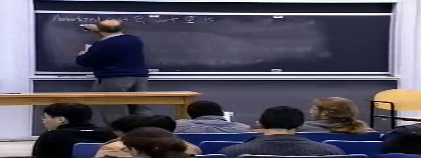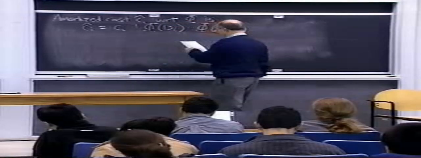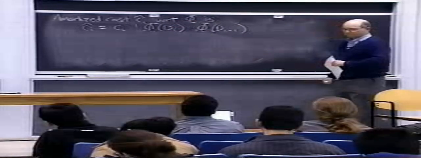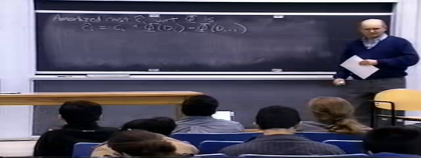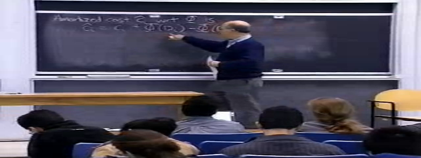So that's going to be c sub i hat, and that's going to be the true cost plus phi of di minus phi of di minus 1. So we add in the new potential, subtract off the old potential.